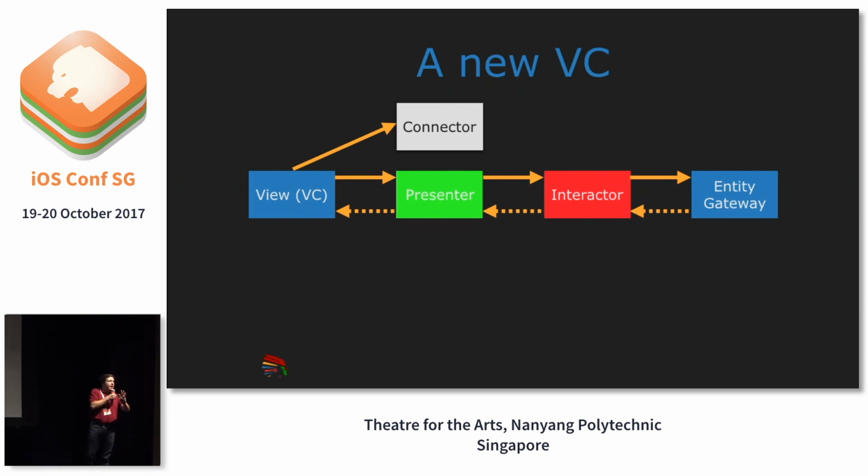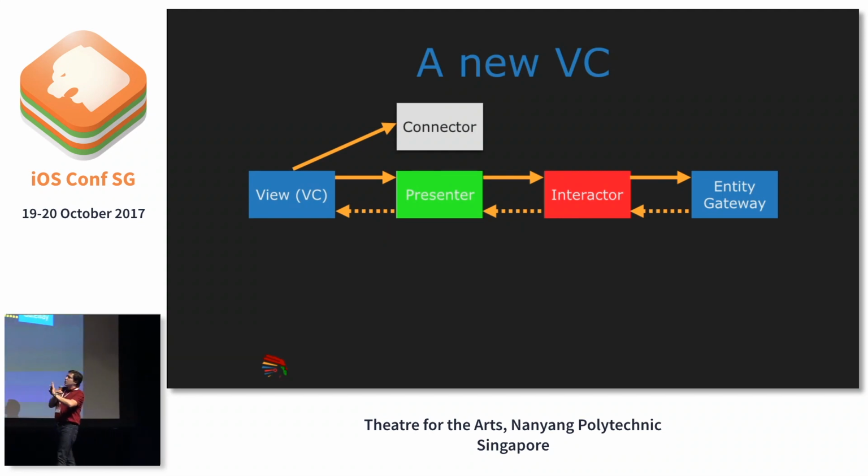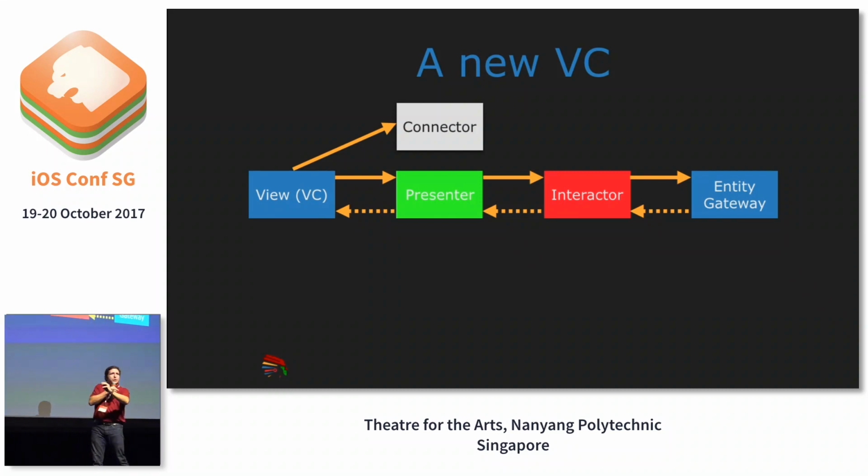This is a very naive form of doing it. There are far more advanced ways of doing this with factories and so on. But for the sake of this explanation, I think it's more than enough. So notice that also in this view controller, we have its own connector, the one that has put together all these pieces and knows how to connect them together.